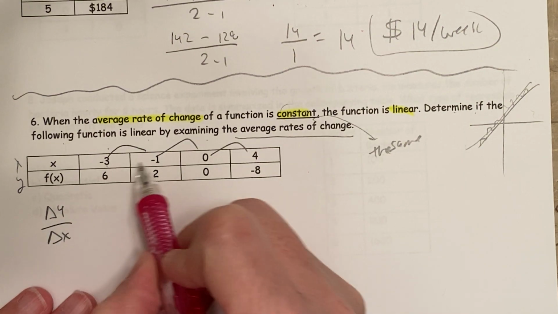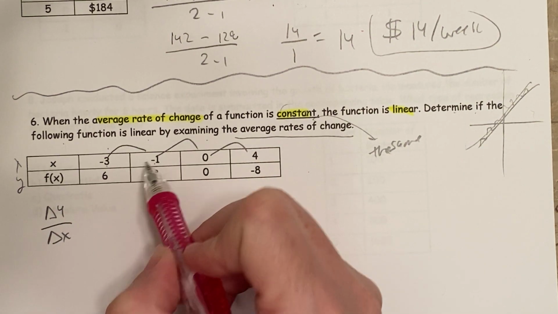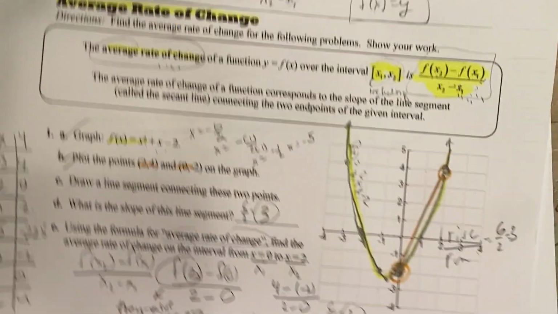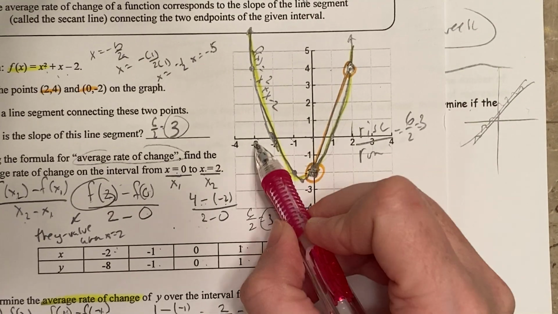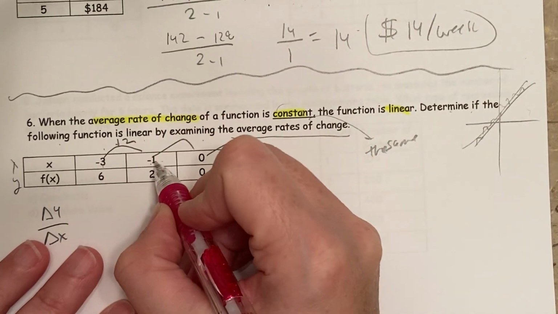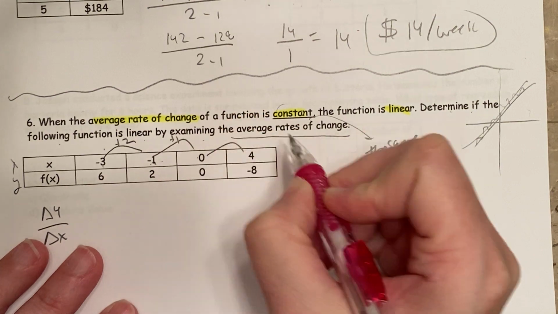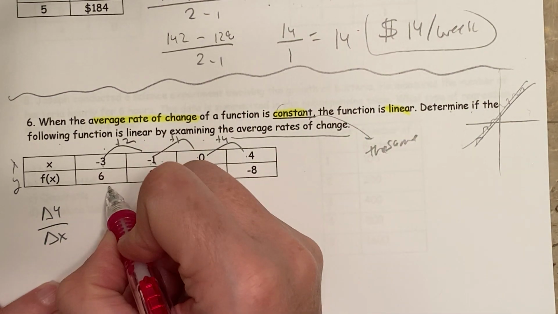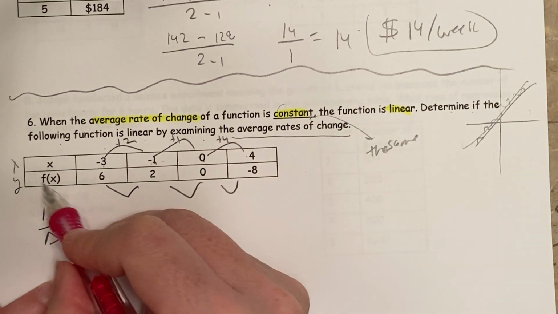So from -3 to -1. Think of a number line. How do I go from -3 to -1? I would add 2. So I'm going to put a +2 on top. How do I go from -1 to 0? That's +1. How do I go from 0 to 4? That's +4. And now do the same exact thing with the y values.